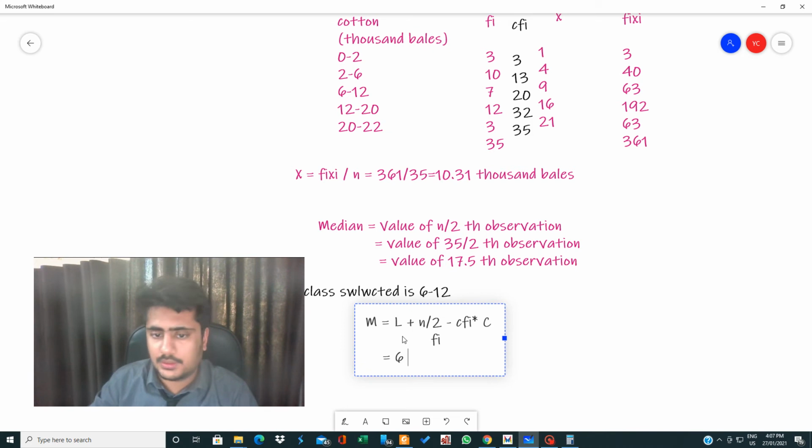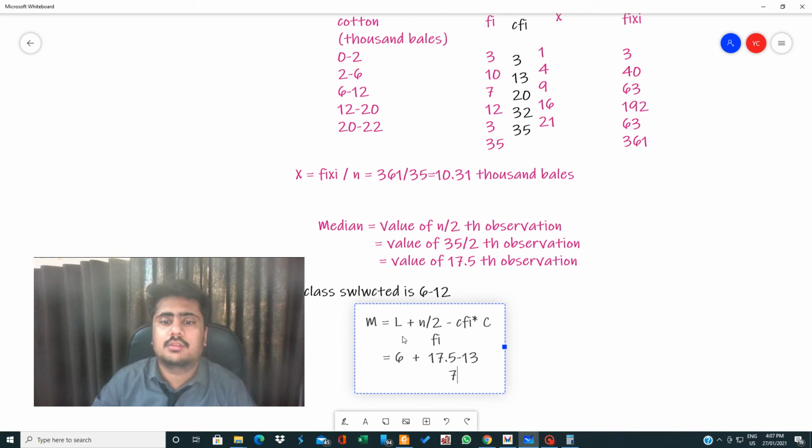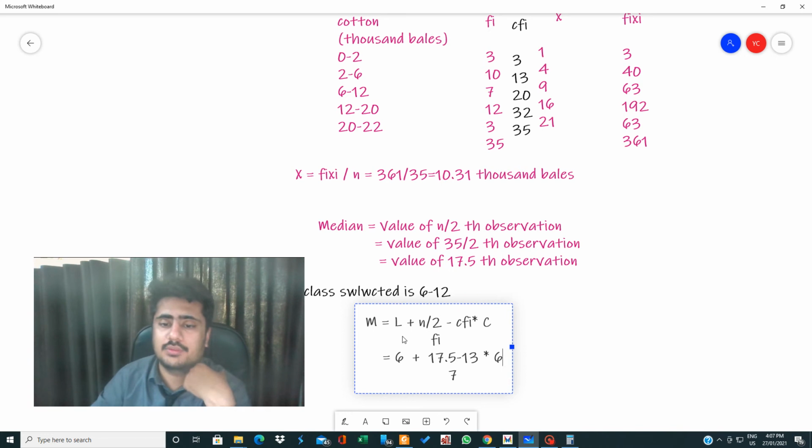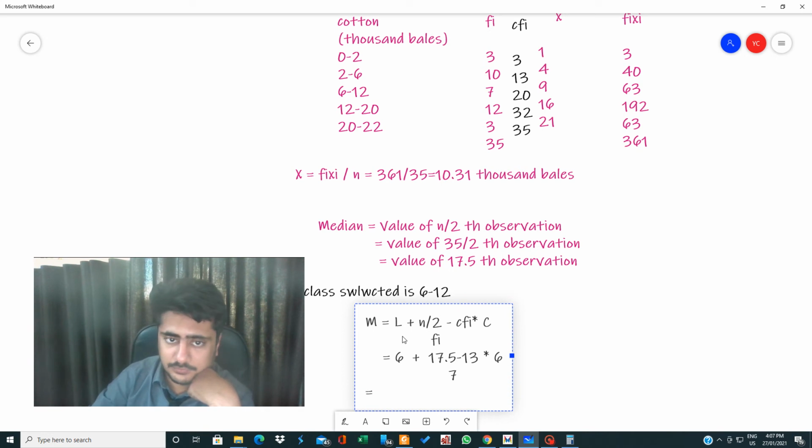So this is 6 plus 17.5 minus 13 upon 7 into, now what is the class length? See, there is unequal class length. Obviously, that's why we selected this mean and median formula. Now your class selected is 6 to 12, so you have to take the length of this selected class, that is 6.